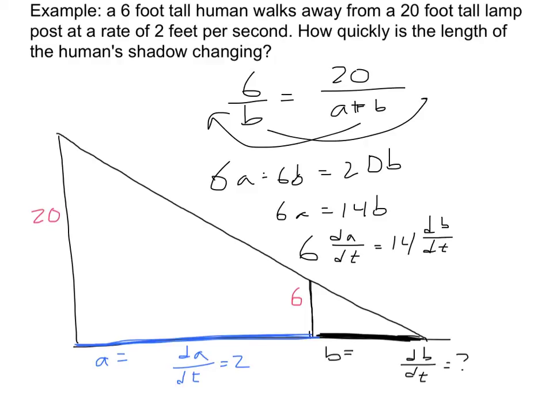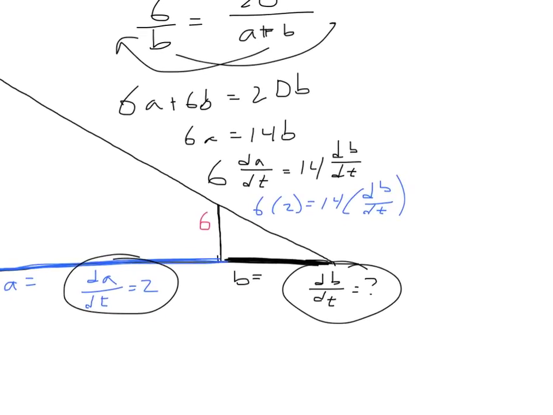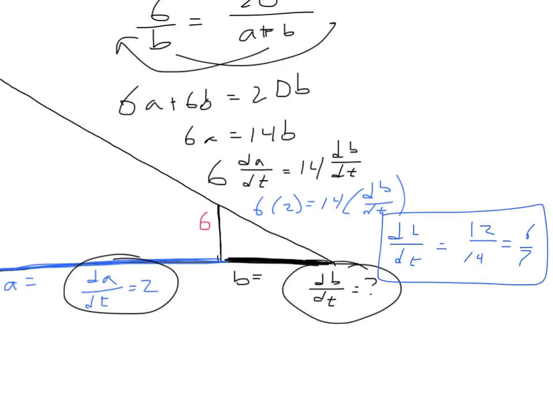And now if I want to solve for dB/dt, I just need to use the value of dA/dt that I had. I'll have 6 times 2 equals 14 times dB/dt. So we're basically going to end up with dB/dt being 12/14, which is 6/7. So that's how fast the shadow is getting longer.